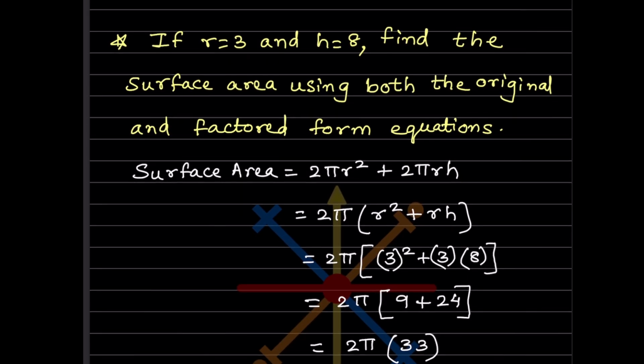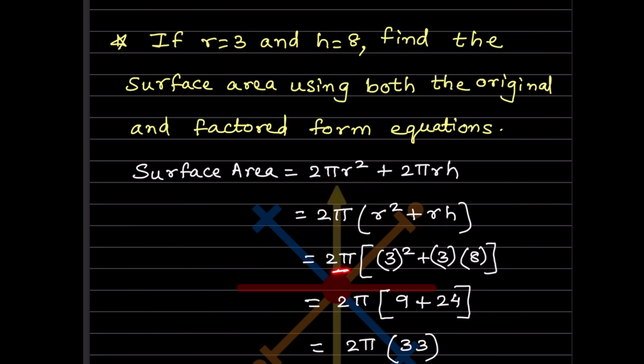So here now it's given, if r is equal to 3 and h is equal to 8, we have to find the surface area using both the original and factored form equations. So for the surface area, we have the formula, that is 2 pi r square plus 2 pi rh. So now these are 2 terms. So we take 2 pi common, and r square plus rh will be in the bracket.